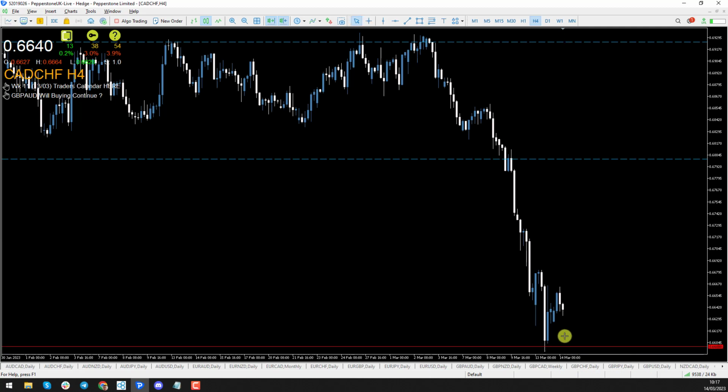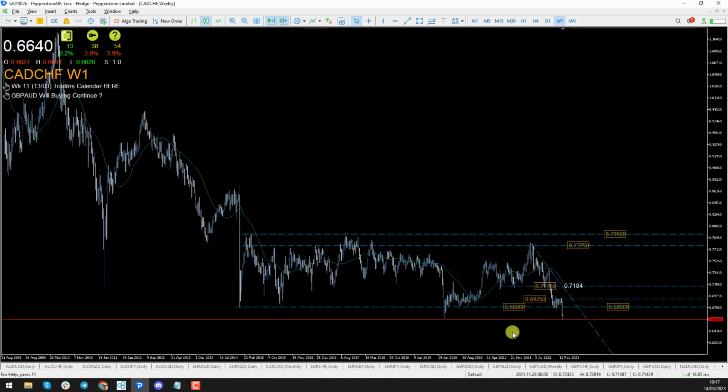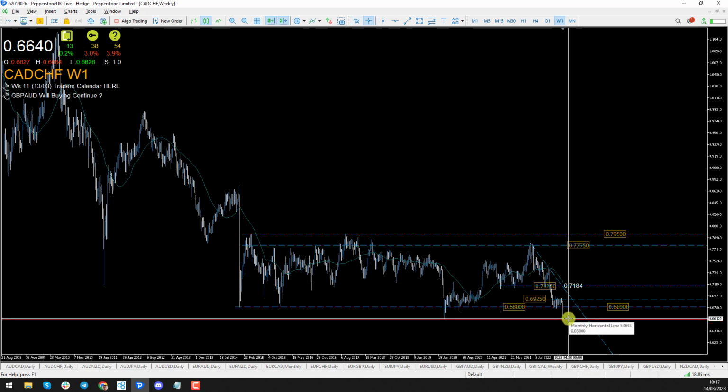Now, this is a crucial level for price, because if I go up to the weekly time frame and zoom out, it is actually the low of this long-term range that we've been in for a significant amount of time. And we did say if price came into the 0.66 handle, we may see a rejection here, which could then follow into a 1,000 pip trade.